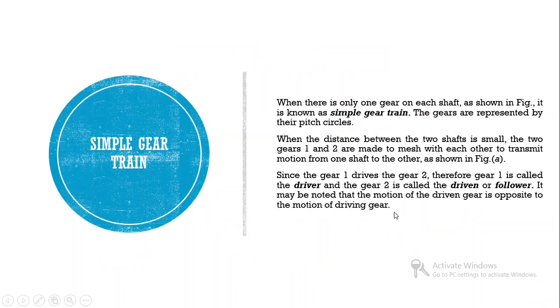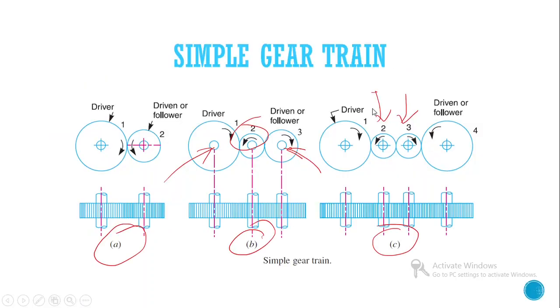When there is only one gear on each shaft as shown in the figure, it is known as a simple gear train. The gears are represented by their pitch circles. When we examine these three simple gear trains, we can see that each shaft carries only one gear.